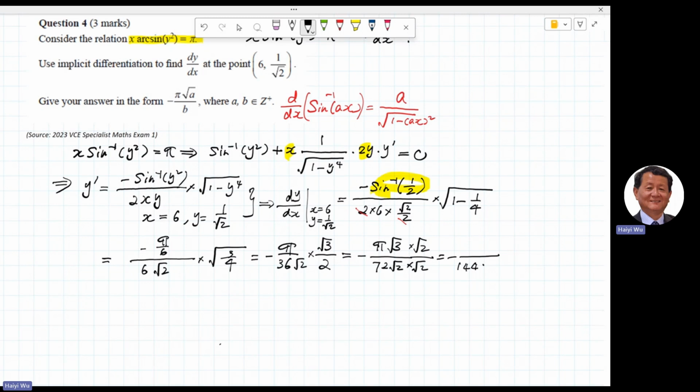So the bottom becomes 144, and the top is pi square root 6. So that's our answer, finished. That's the derivative of the implicit function involving sine inverse.